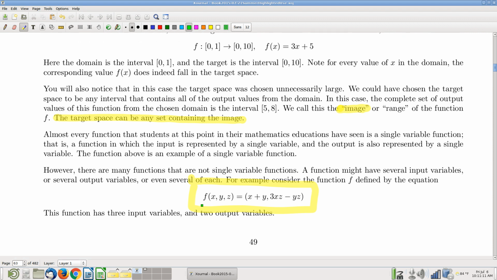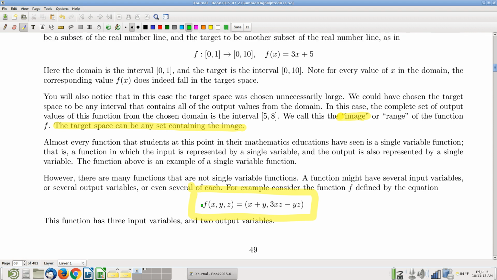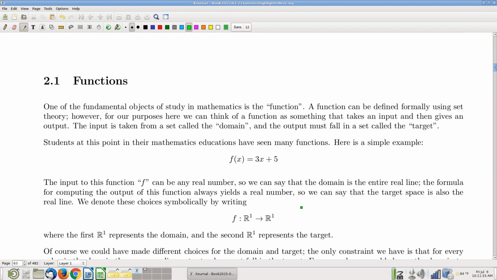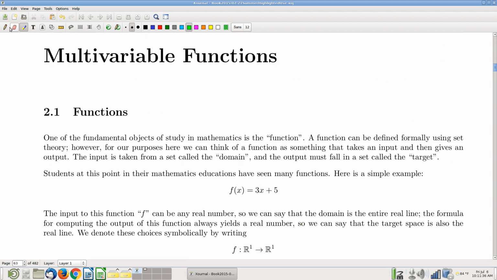There is a third set that we need to talk about, and that is the image. The image of a function is the actual output values. And I want to distinguish between the image and the target. They're not the same thing. So for example, let's go back up to this function here. Let me draw a picture. There's my inputs, the x-axis.